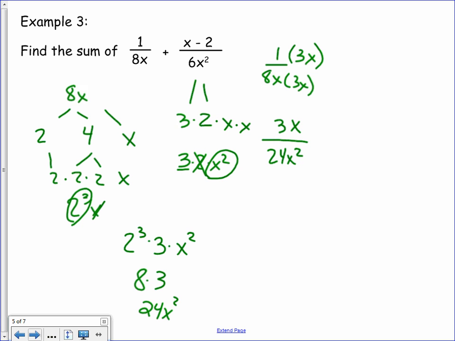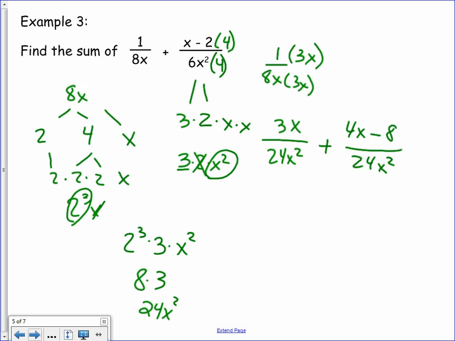And we'll have to do the same thing with this one. Now what will we need? So basically 24x squared divided by 6x squared will be 4. So multiply both the numerators and denominators by 4. Okay. And then we'll get plus 4x minus 8 over 24x squared.